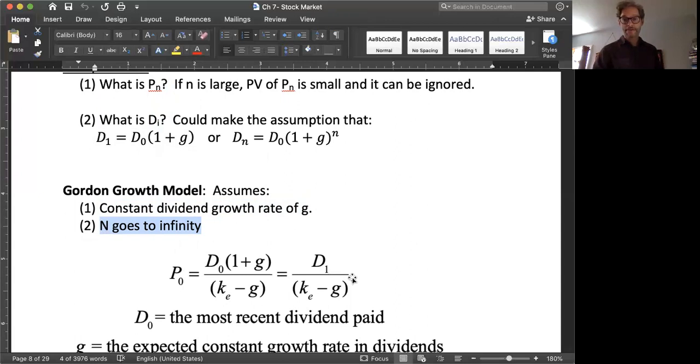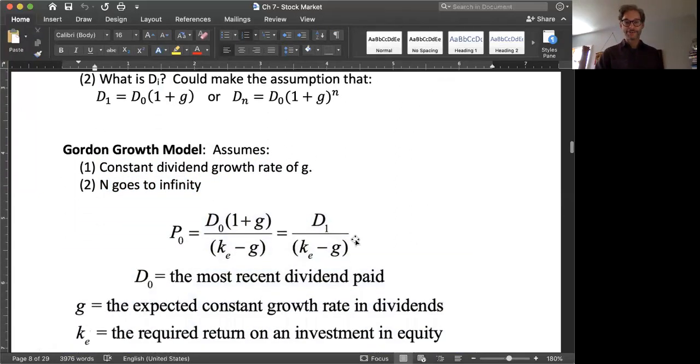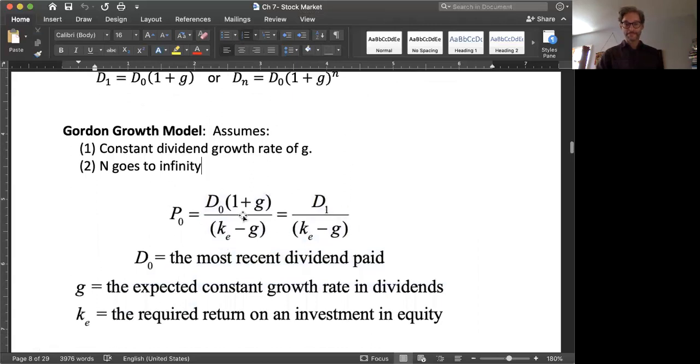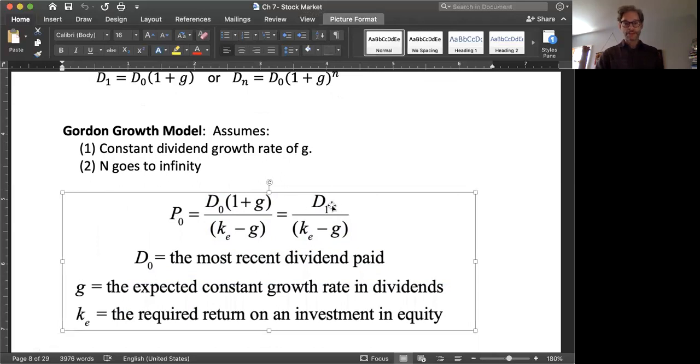Well, with a little math, you don't have to solve this math, right? I will just tell you what the formula is. You can show that the current price then should just be this, right? The last dividend times 1 plus G divided by K, which is our required return, minus G, which is the expected constant growth rate of dividends.